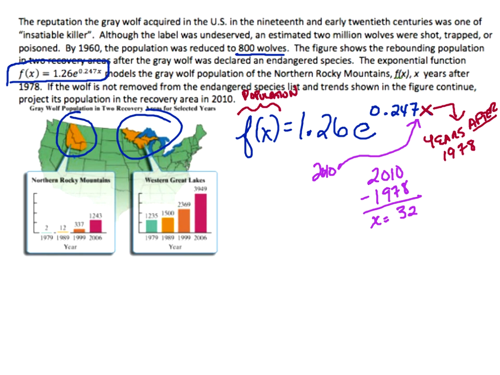So this is what it looks like, what I'm about to do in my calculator. I'm about to do f of 32, which looks like 1.26 times e raised to the 0.247 times, and here's where we're going to plug our variable in, 32.